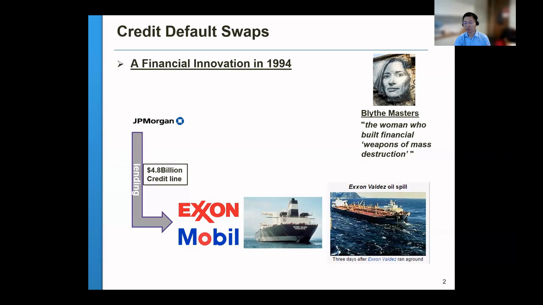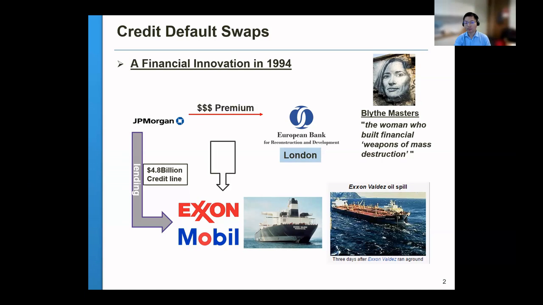Basically, what JP Morgan did is approach the European bank, the EBRD, and they reached an agreement. Based on this agreement, JP Morgan will pay a periodic premium to the EBRD. It sounds like we just buy some insurance.